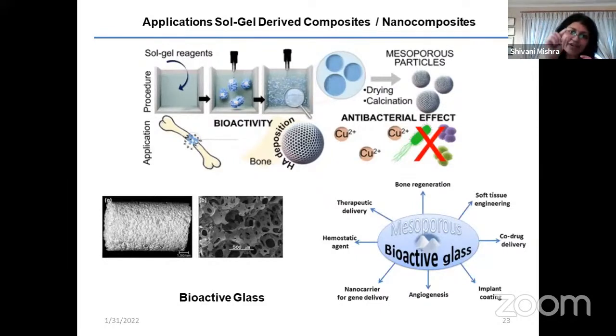In that particular fracture, whatever is filled in, that component is a combination of the biomolecule and the sol-gel derived silica. So this is how in the medical field it is playing a huge role.